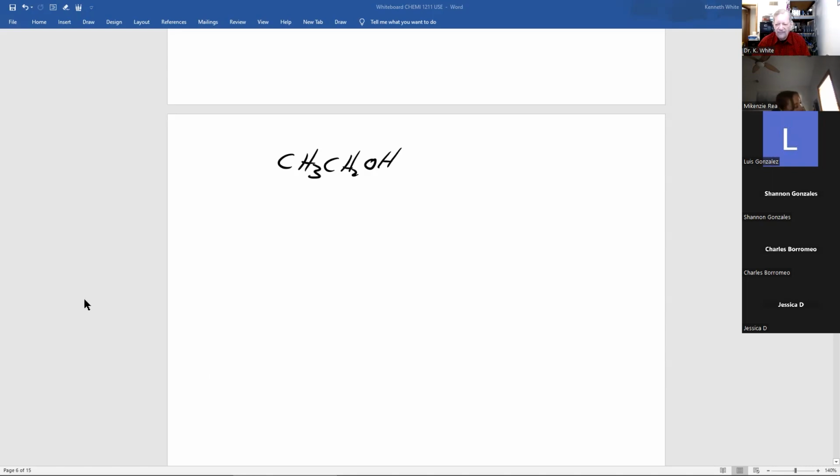All right, everybody's done. We look at this, what's different, what's not carbon, what's not hydrogen, hydroxyl group, OH on a carbon, that's an alcohol.